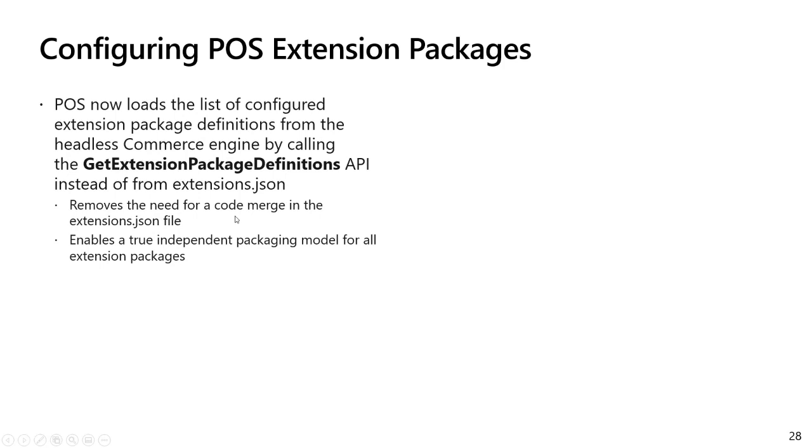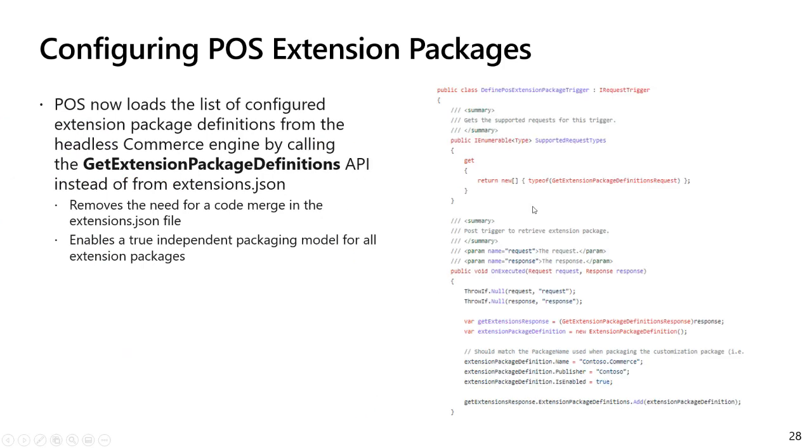I think Mani briefly showed the code for a trigger for this API that was configuring an extension package earlier, but we also have that on the right here. You can see this trigger is just defining a POS extension package that should be loaded, the key aspects being the name and the publisher, and whether or not it's enabled. The biggest thing here is that the name listed needs to match the package name field specified in the Commerce SDK so that POS can find the right package to load.